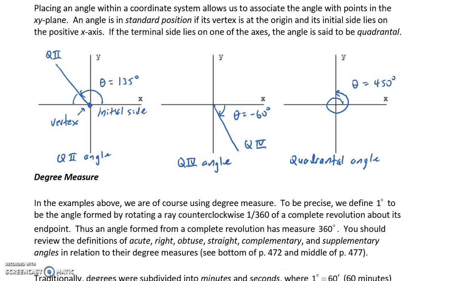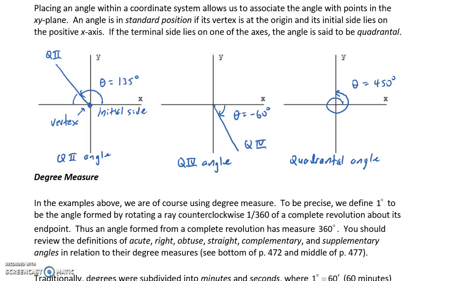And so you can see that you have all kinds of possibilities when it comes to angles. Since angles are rotations, we don't necessarily think of angles in the sense of a corner of a triangle or something like that. You can have angles of measure greater than 180 degrees, greater than 360 degrees.